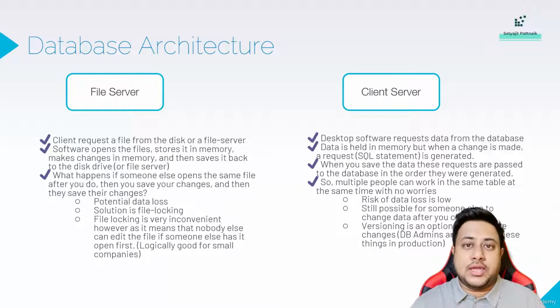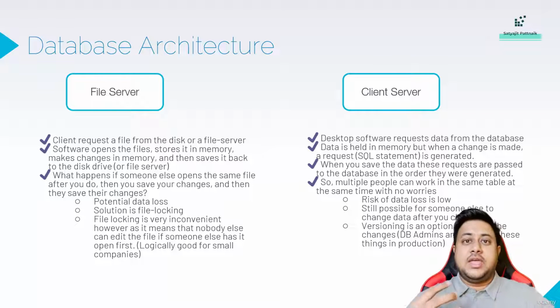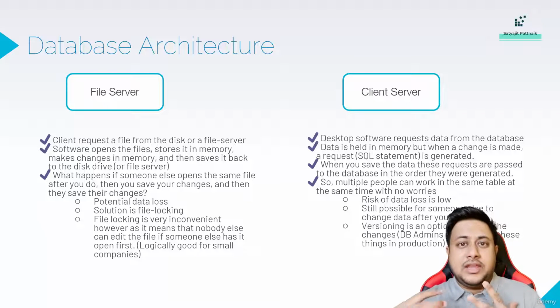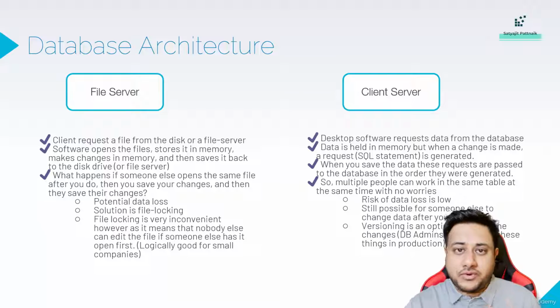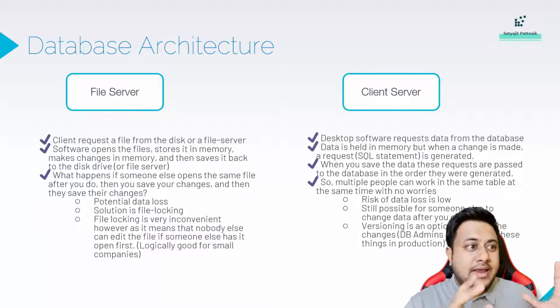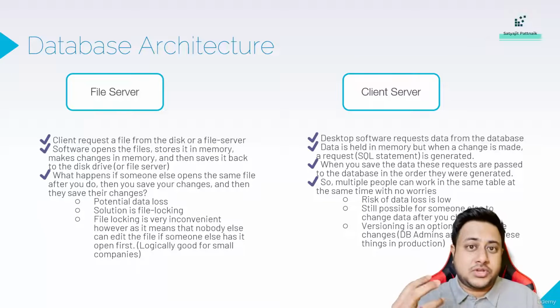The solution is file locking. How to get rid of this data loss? The solution is file locking. Usually in Windows, because in many of my companies I have also worked on file servers, we manage a lot of files in a particular file server. I'm not pretty sure if you have come across this situation or not.